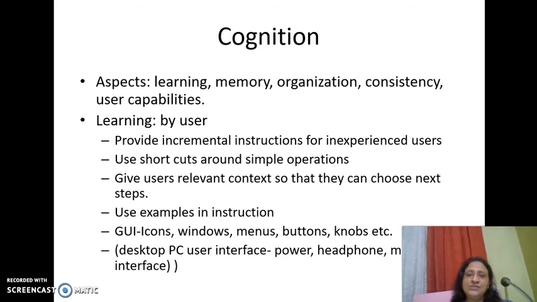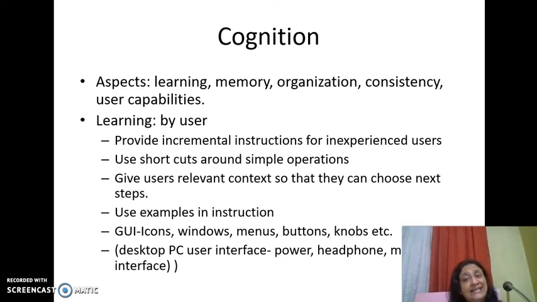There are novice users who rarely operate any product. For example, aged people need to know about simple knobs, simple functions. So these are inexperienced users, and for them it is very important to provide incremental instructions.